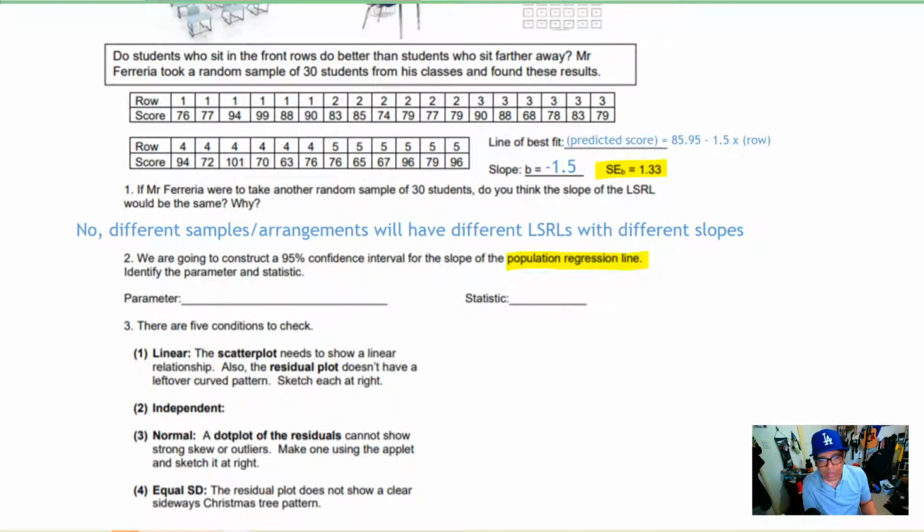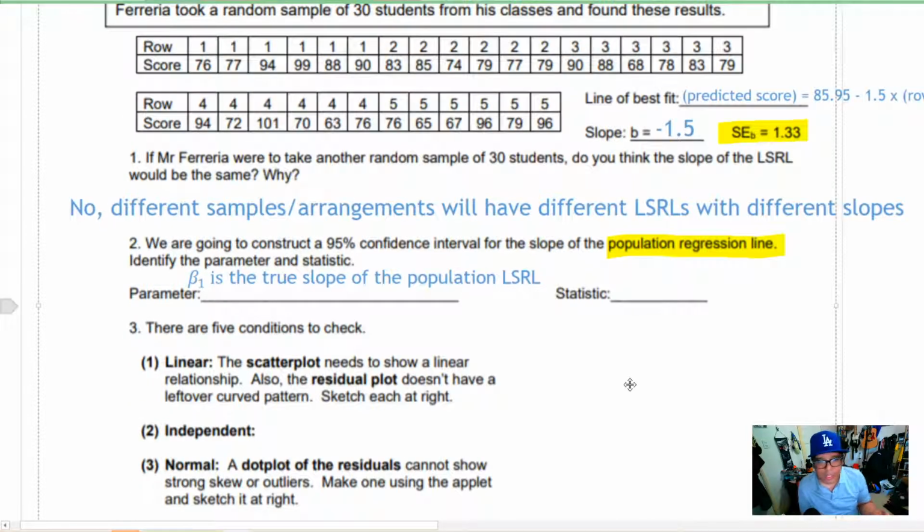This is a state part. Beta 1 is the true slope of that population LSRL. Remember, LSRL is synonymous with regression line as far as AP Statistics is concerned.